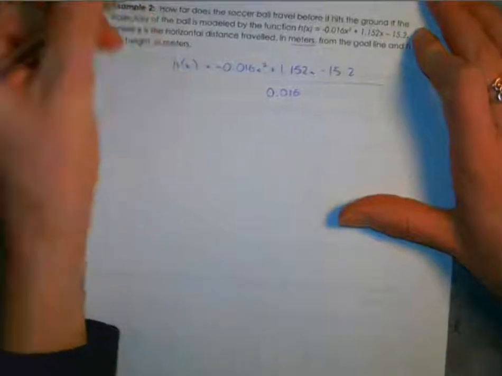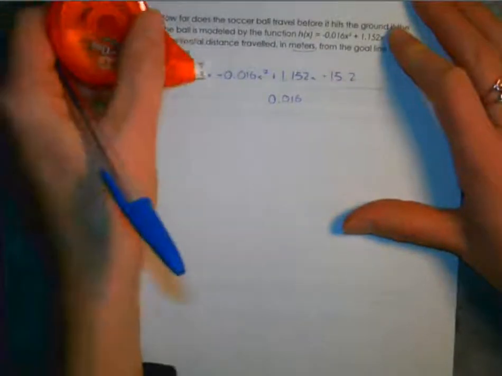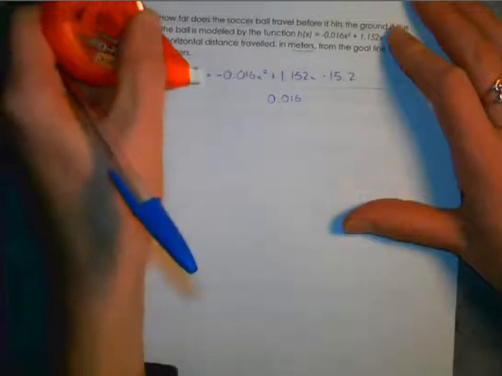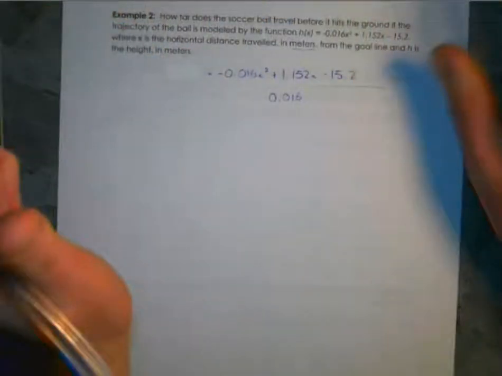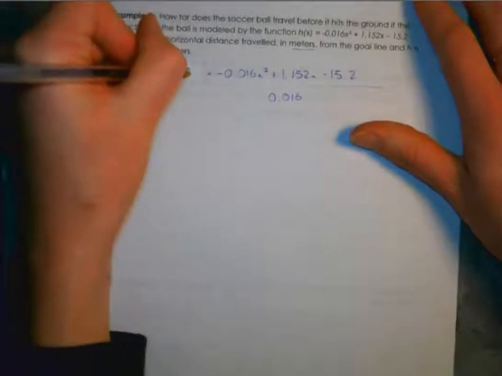This side is going to be h of x, but we're going to set it equal to 0 in order to solve it, of course, because remember we're looking for the x-intercept, so that means y has to be equal to 0.